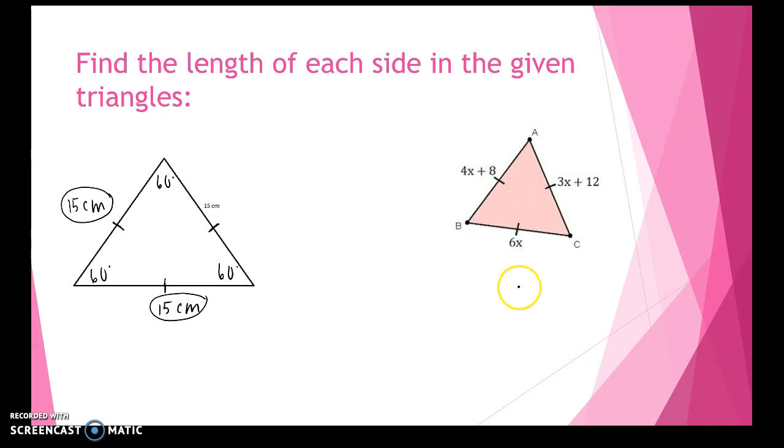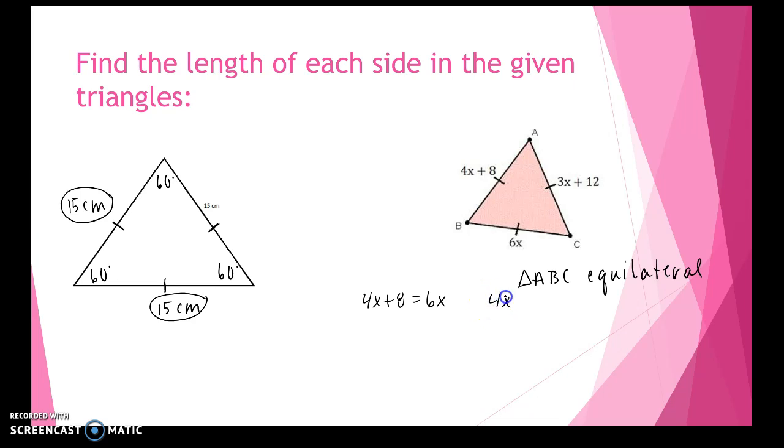Okay, lastly, I know triangle ABC is equilateral. So with the triangle being equilateral, any two sides we can set equal to each other to solve for x. So we can say 4x plus 8 equals 6x.